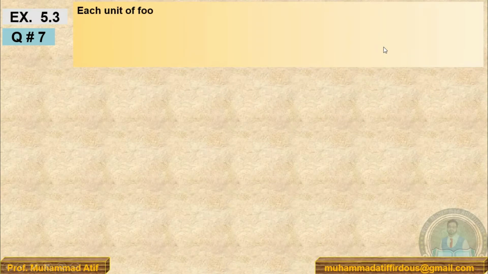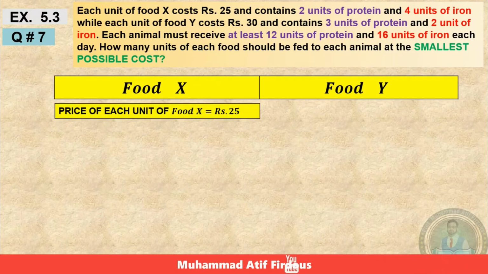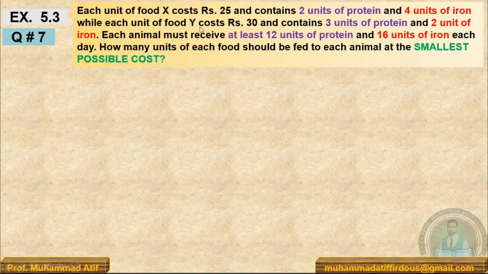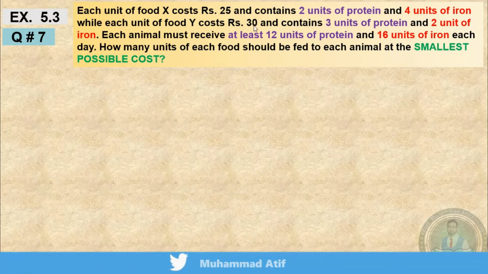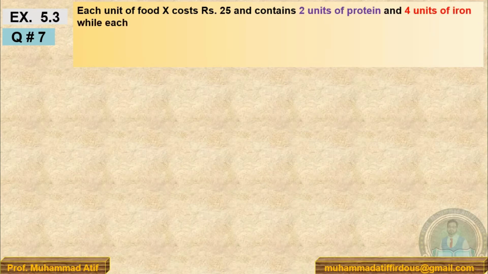Then you have a food y which costs 30 rupees per unit and contains 3 units of protein and 2 units of iron. So we have two types of food, food x and food y.